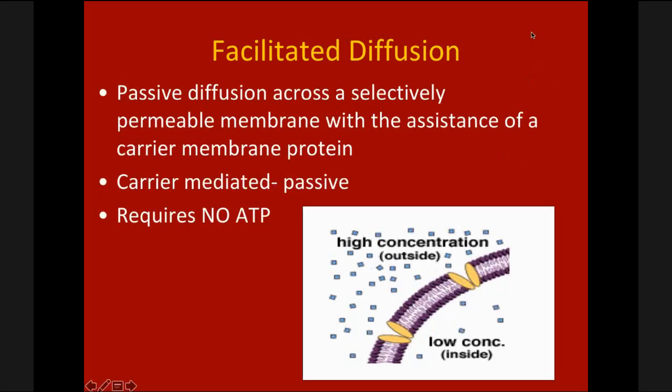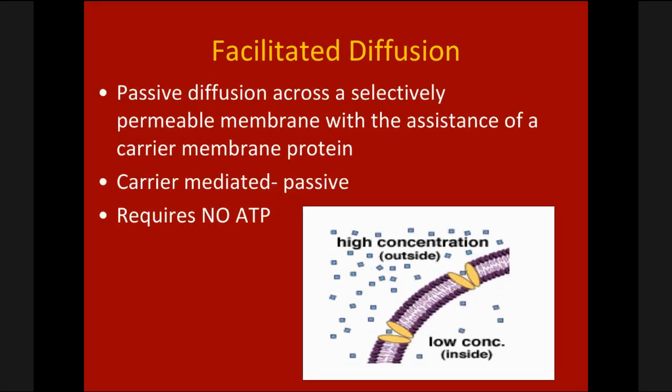The difference here is that instead of using a channel, a membrane protein that's just a doorway, it's using a different type of membrane protein that actually interacts with the solute you're moving across. As the solute interacts with the membrane protein, notice how the membrane protein changes shape to shuttle that molecule across. It's facilitating, or helping, the process of diffusion across the plasma membrane.